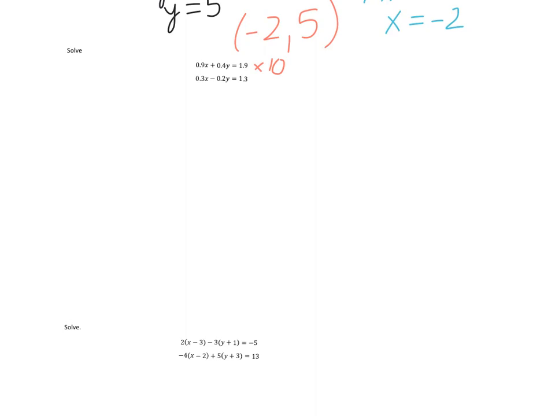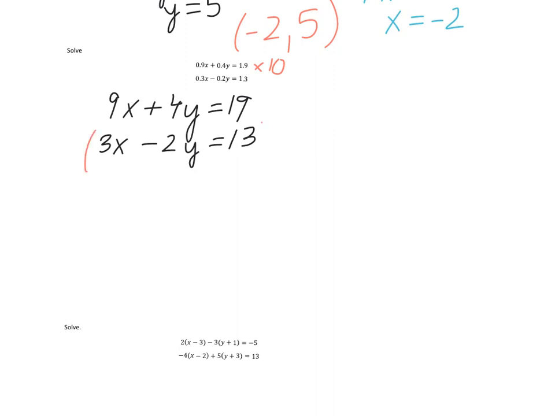So some people like to do that if they really don't like to work with decimals. And you have to move all decimals to the right. And it's just a strategy. Okay, now we don't have decimals. All right, so we can multiply the bottom by positive 2 to get our additive inverses.